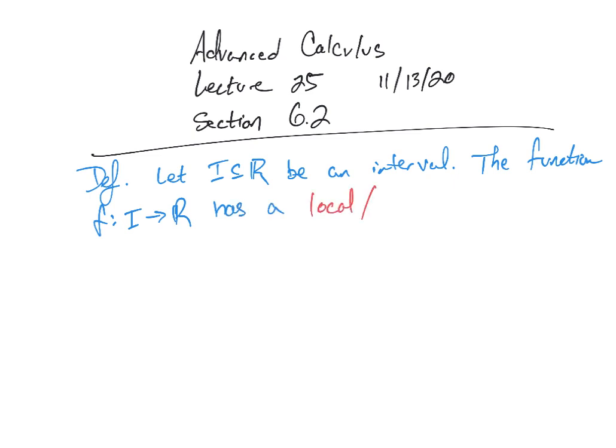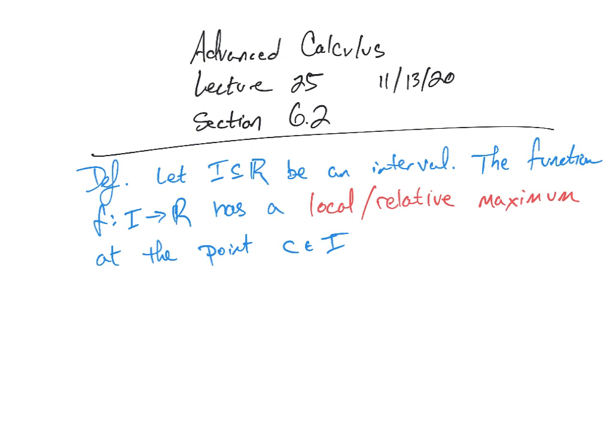It has a local or a relative maximum at the point C. Well, if at C there is a neighborhood such that f of C is greater than f at anything else in the neighborhood, and remember the way we formalize neighborhoods is we usually say there's a delta.